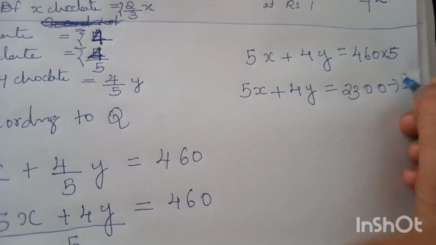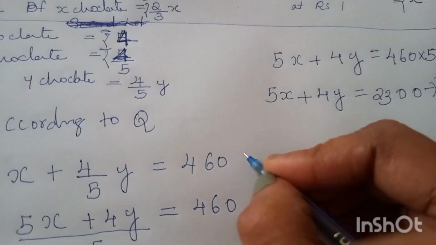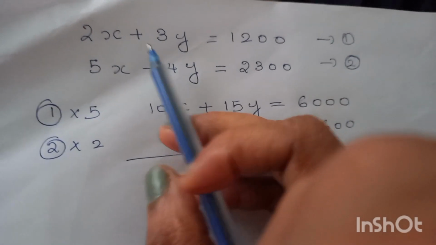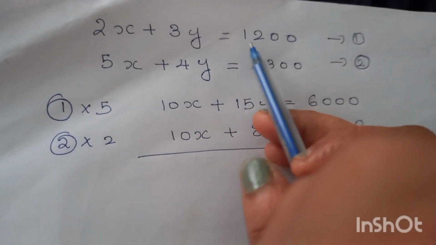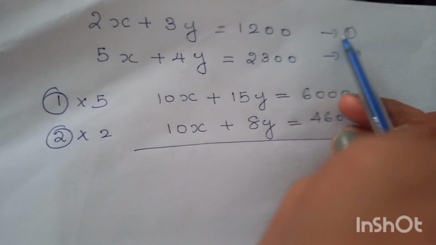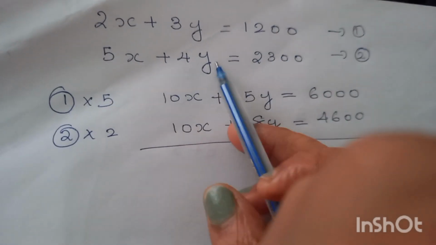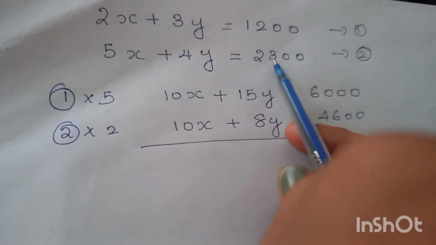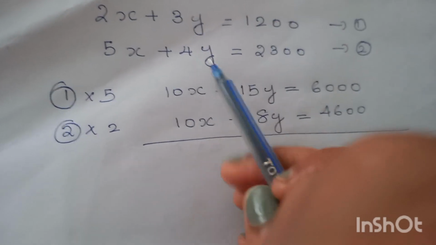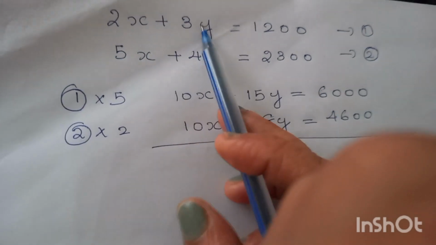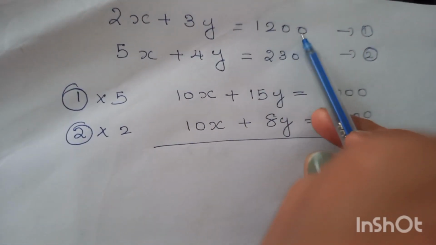This is equation number 2. Solving equations 1 and 2, we get two equations: 2X plus 3Y is equal to 1200, equation number 1, and 5X plus 4Y is equal to 2300, equation number 2.